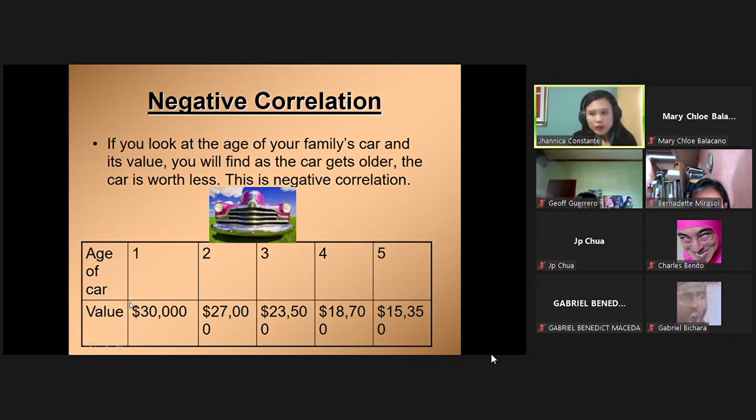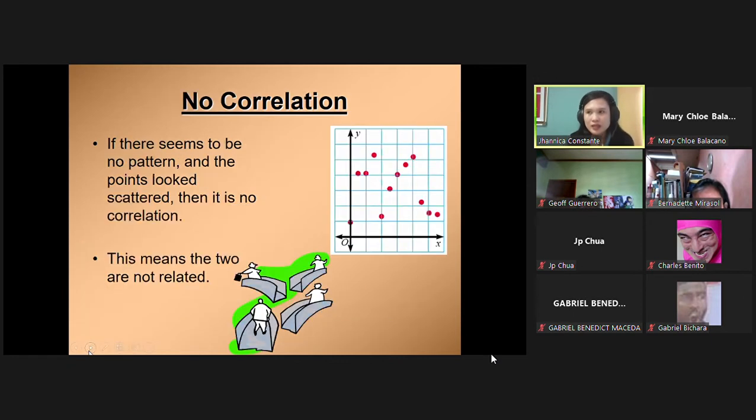So the third type of correlation that we may encounter with the direction of our dots in the graph is no correlation. In no correlation, if there seems to be no pattern and the points look scattered, then it is no correlation. That means the dots don't follow any direction.